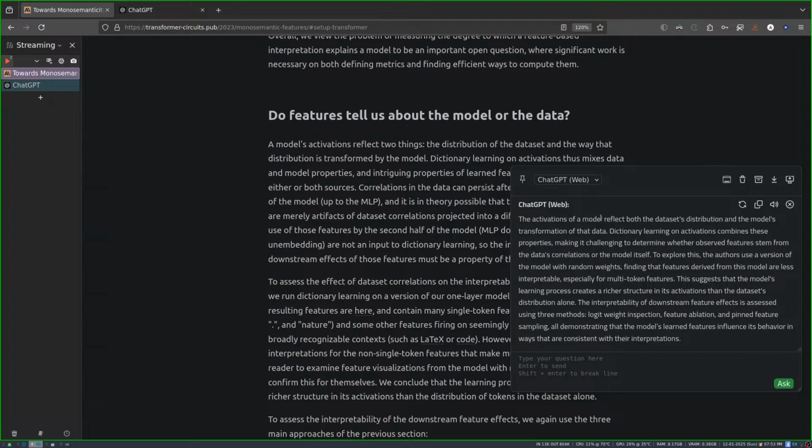Oh, okay, both. Okay, cool. I think I read this part. Dictionary learning on activations combines these properties, making it challenging to determine whether an observed feature stems from the data correlation or the model itself. To explore this, the authors used a version of the model with random weights, finding the features derived from it are less interpretable, especially on multi-token features. This suggests that the model's learning process creates a richer structure in the activations than the dataset distribution alone.